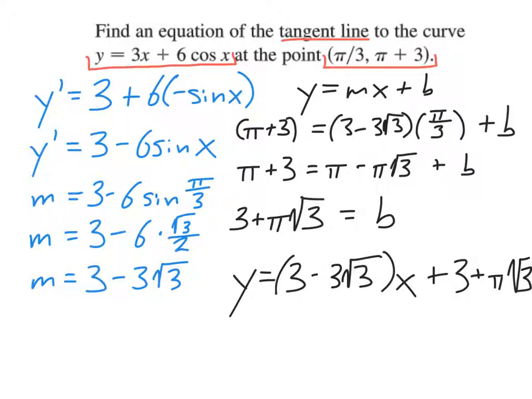Now does this look like the normal equation of a line that you've dealt with in the past? No. Is it still workable? Yes. It still gives us numbers. I mean, if this felt really uncomfortable, you could go ahead and now translate this into something that looked a little bit more typical. You could actually just calculate this as a decimal, and you can figure out what that equaled.